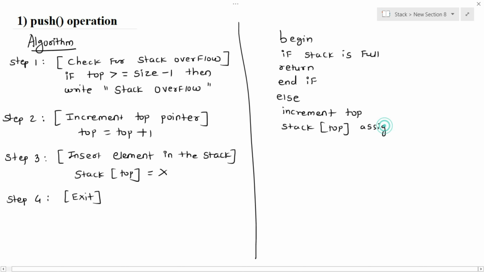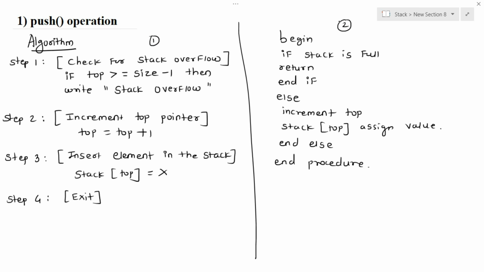Here we assign the value at stack of top. End else, and then last, end procedure. Okay, so these are the two ways of writing the algorithm. This is the first one and this is the second. Here you can use either of the two algorithms. These are the algorithms for the push operation.